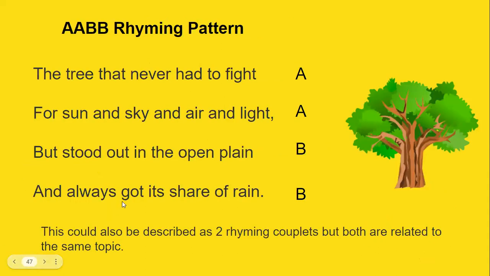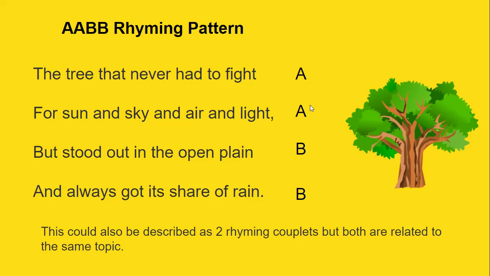Let's look at an A, B, B, A rhyming pattern. The tree that never had to fight for sun and sky and air and light, but stood out in the open plain and always got its share of rain. Okay, you can see fight and light has got an A, and then plain and rain has got a B and B. A plain is a flat section of land. This could also be described as 2 rhyming couplets, but both are related to the same topic.